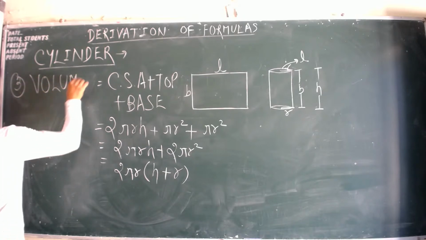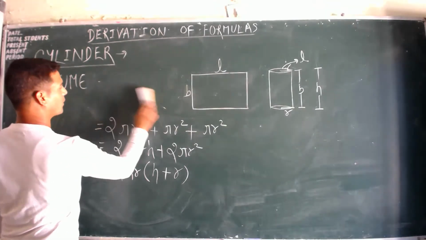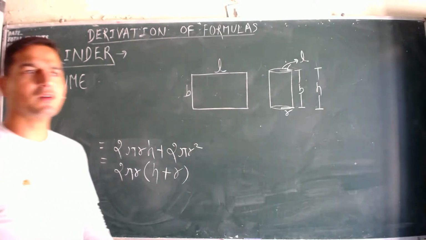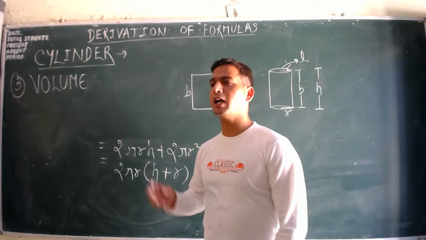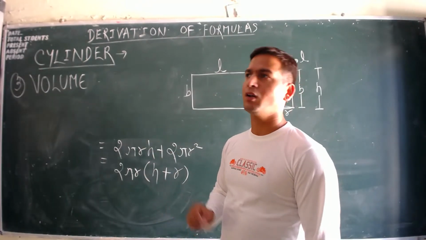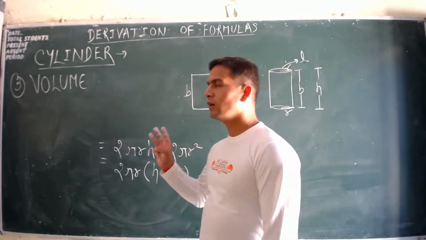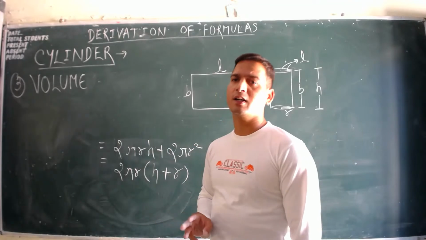Volume of a cylinder. I told you in the last session how the volume of a figure can be found out. Volume can be found out of only those figures which are three-dimensional. You cannot find the volume of a figure which is two-dimensional. So volume is concerned with only three-dimensional figures.